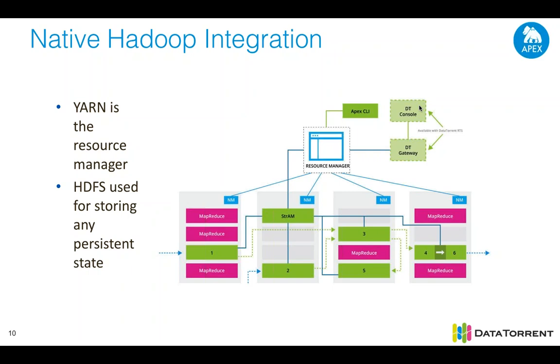And then you launch your application. We have 2 tools to launch an application. Apex comes with a command line tool to launch your application. You just need to have it on one node, which could be an edge node, or any other node in the cluster. Or if you're using the DataTorrent offering, we have a visual tool, called the console, with which you can launch your application.